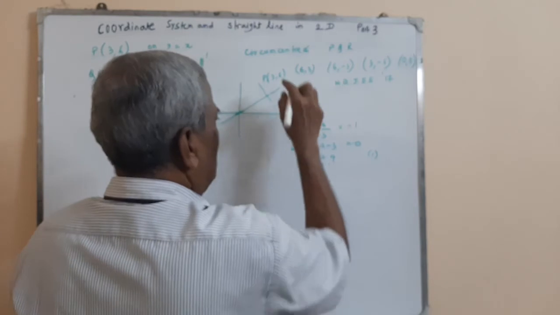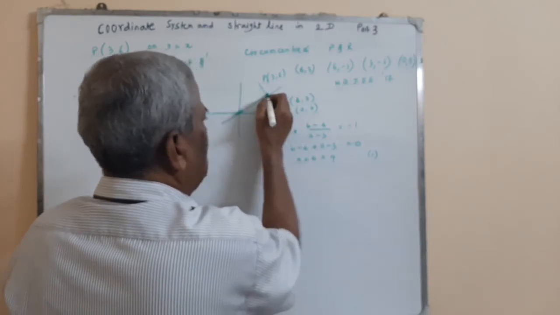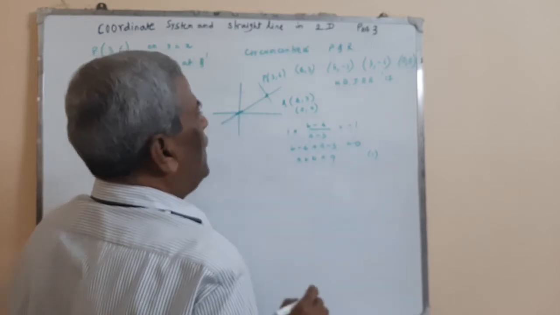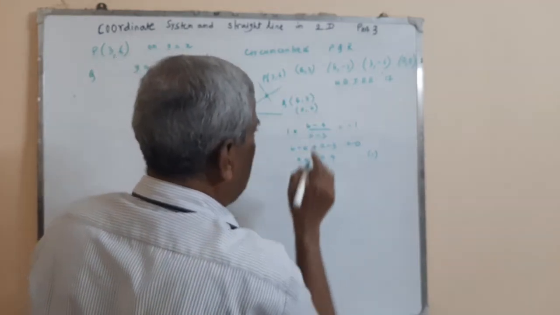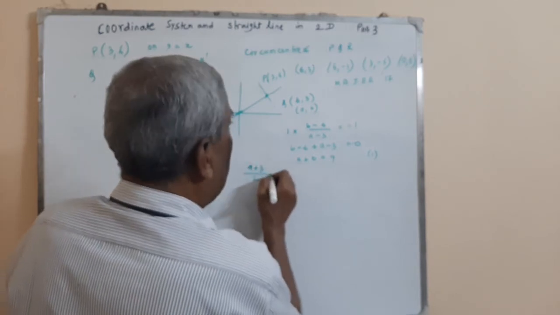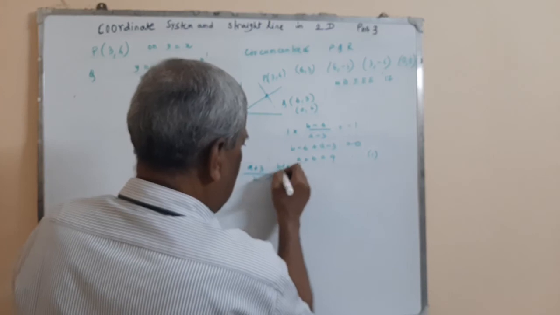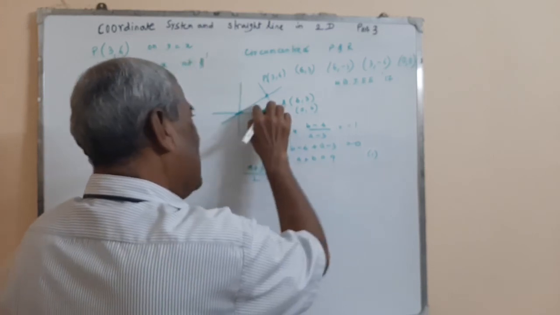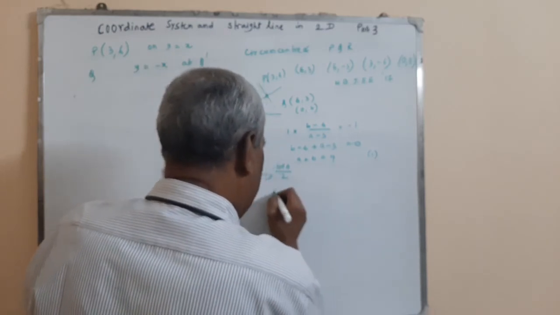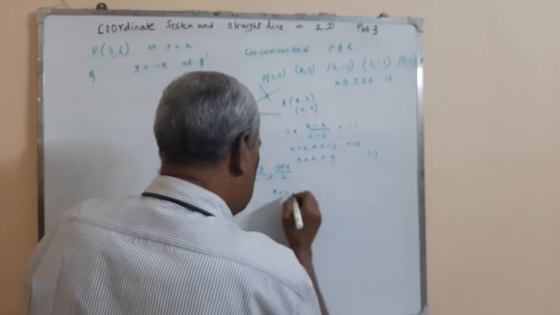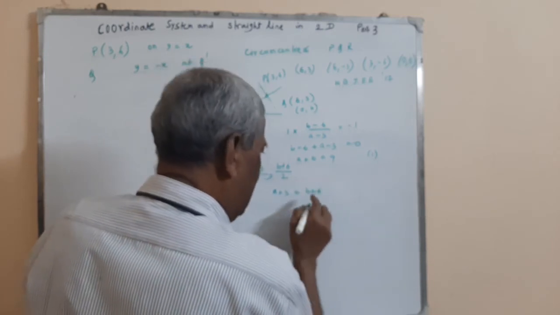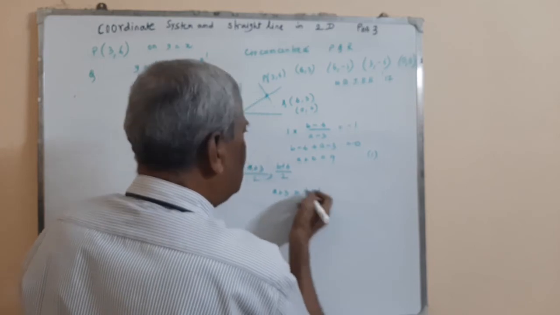Again, the midpoint of PQ must lie on that straight line, that is y is equal to x. Its midpoint is ((a plus 3) divided by 2, (b plus 6) divided by 2). It must lie on y is equal to x, so we get (a plus 3) by 2 is equal to (b plus 6) by 2. So we get b minus a is equal to minus 3.